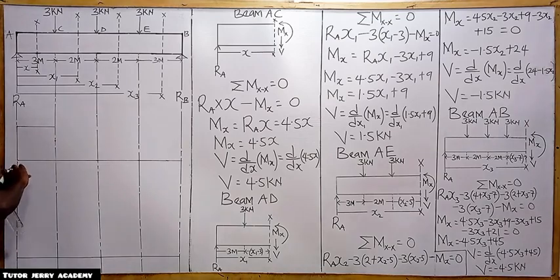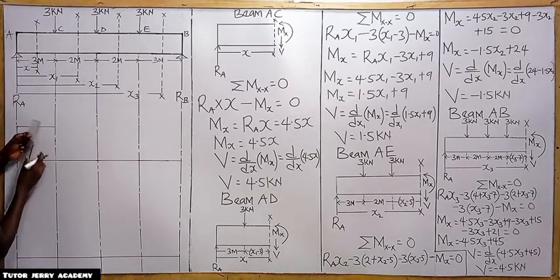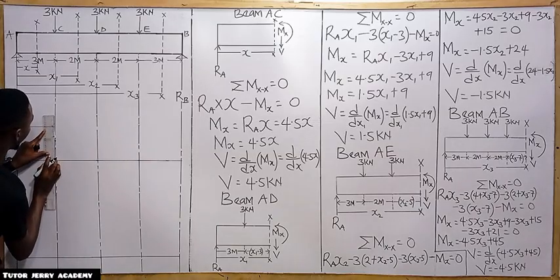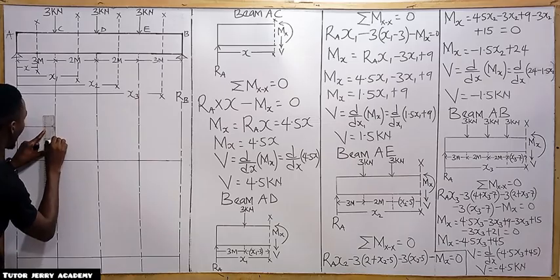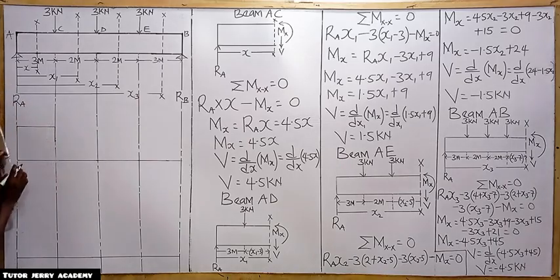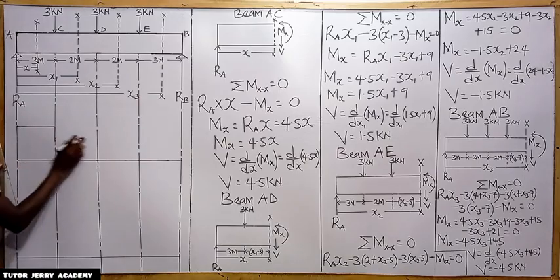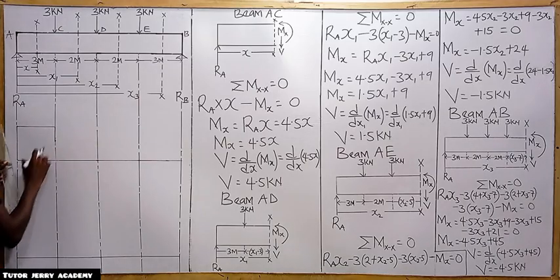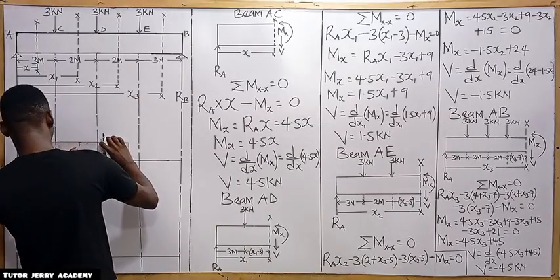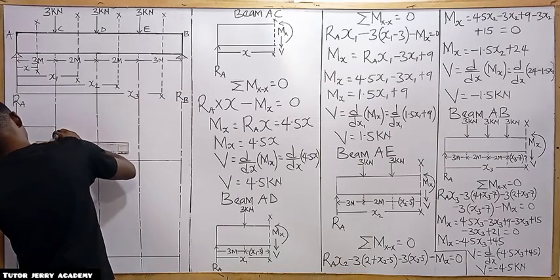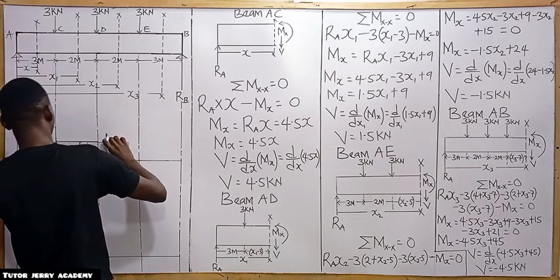Here I'm going to take our ruler and we are going to join this line. That is our 1.5, and between this point and this line we don't have any other force, so we're also going to have a constant line here. All right, that's it.